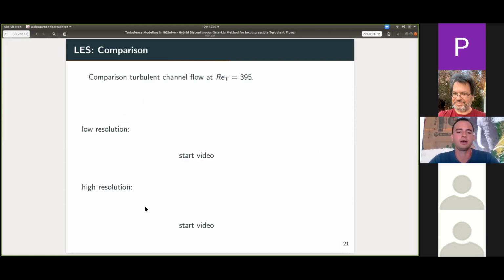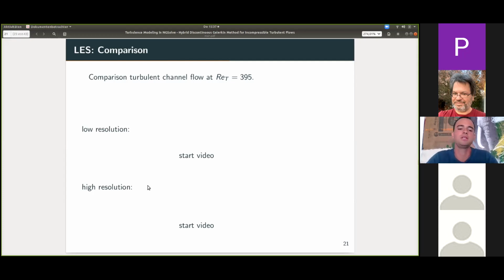And here I prepared two video animations of an LES of a turbulent channel flow at friction Reynolds number 395. I will explain later how we calculate this Reynolds number. These two simulations only differ in their resolution. So we have one with a coarser mesh, one with a finer mesh, but the initial field and the boundary conditions are all the same.